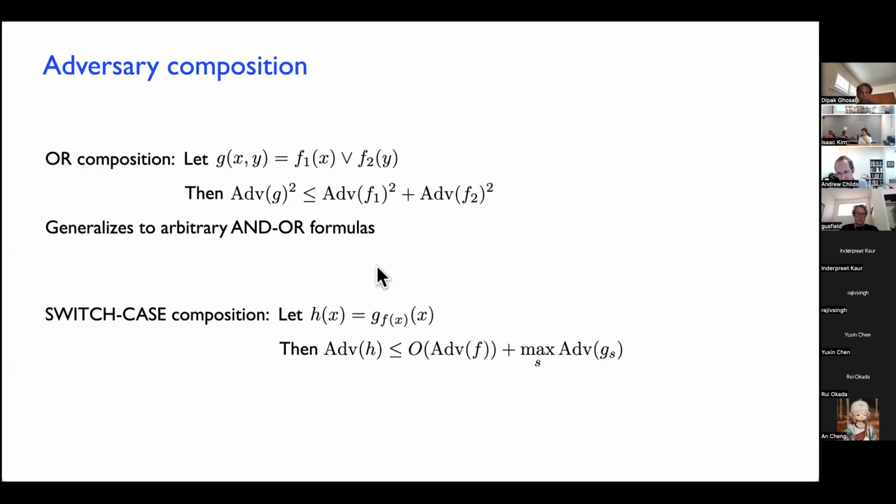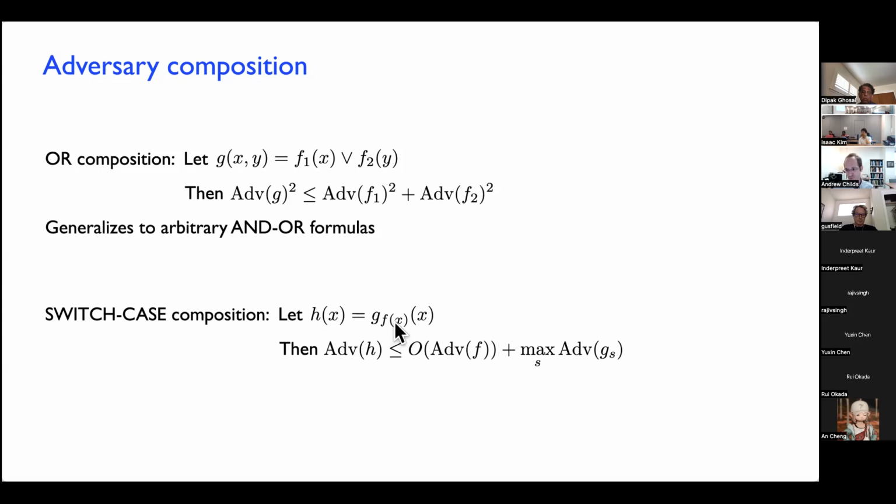Okay, the other composition rule we're going to use is pretty straightforward, but we actually came up with it for this project, which is what we call switch case composition. The idea here is that you want to compute some function h, and that function is some function g chosen from some set of possible functions g that are indexed by some function f.